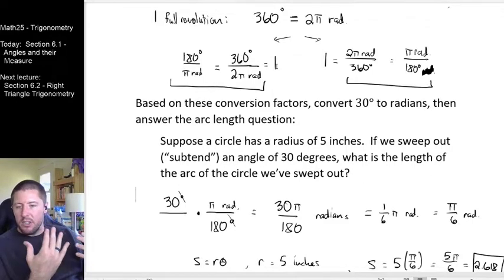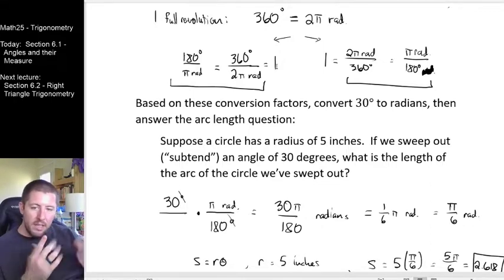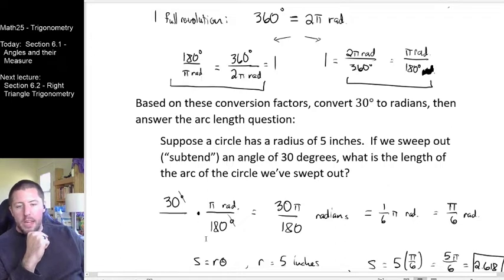So 360 degrees divided by 360 degrees, 360s cancel, degrees cancel, left us with the number 1. The reason it was legal to do this multiplication is because we were just multiplying 30 degrees by 1, which is just 30 degrees.